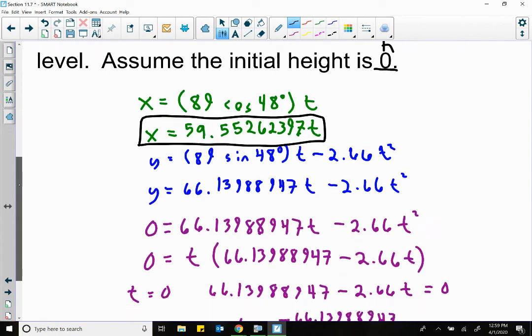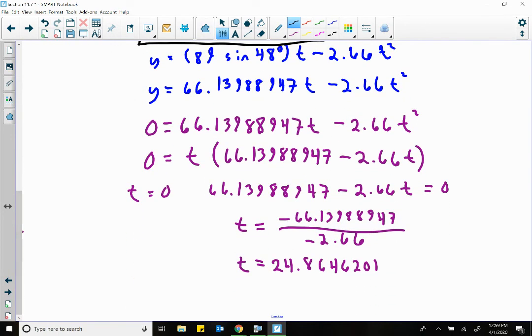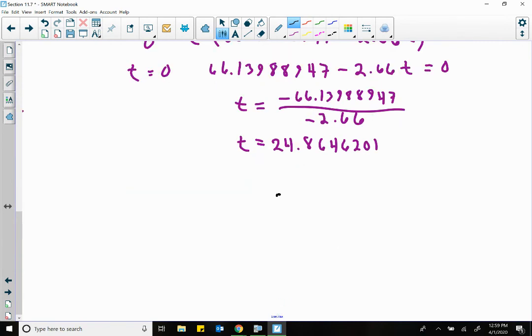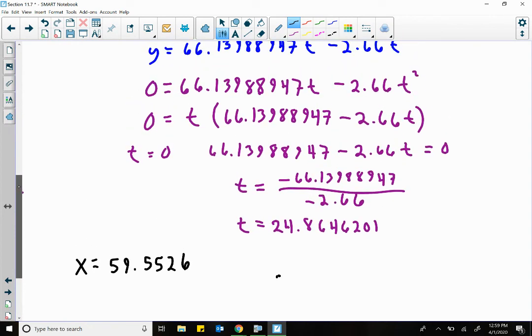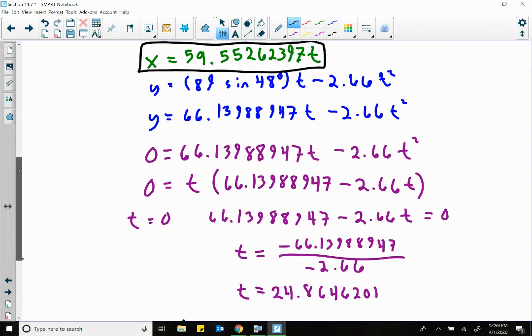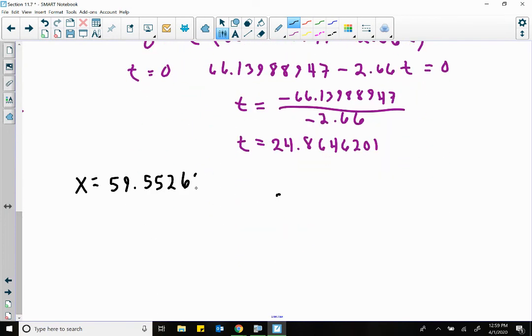Okay? So we're going to take that. So x is equal to 59.55262397 times 0.